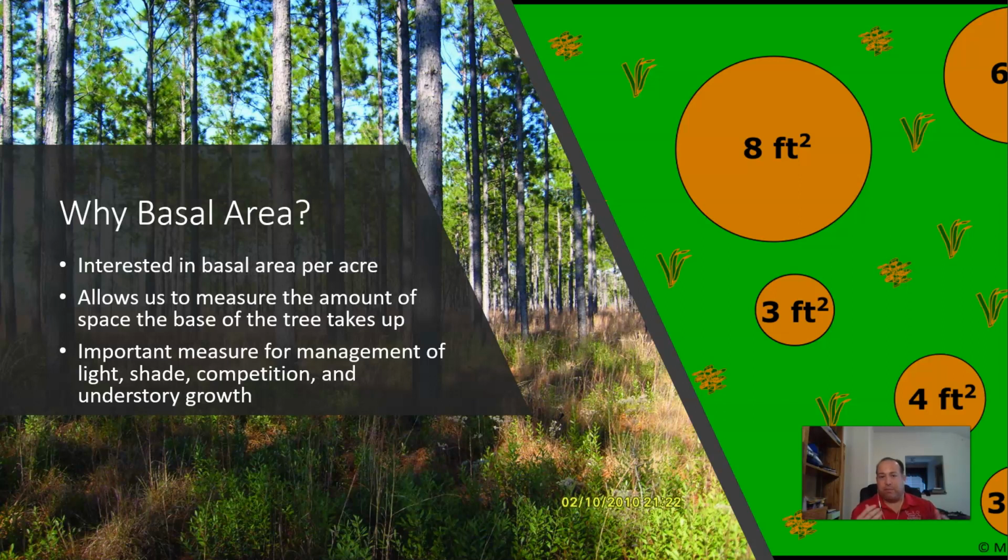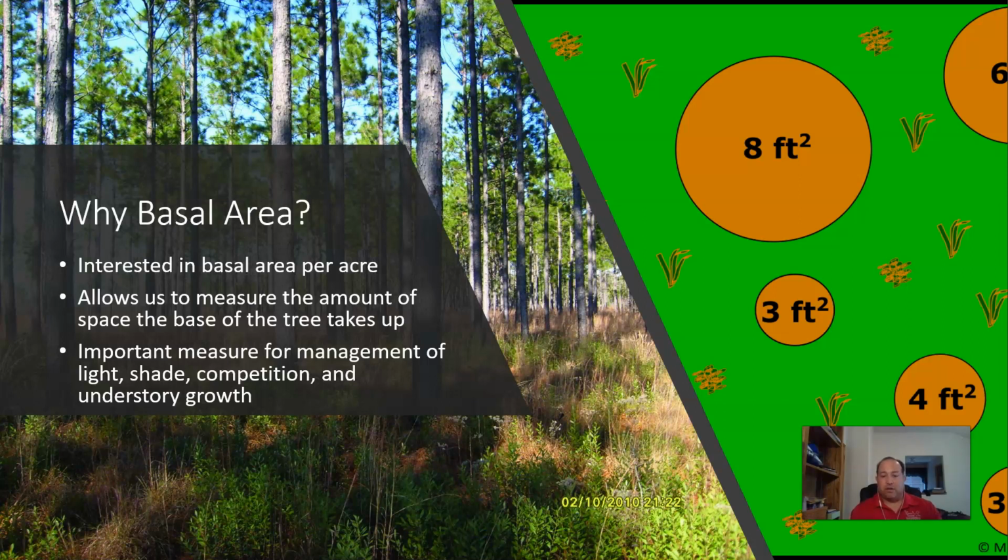and then that's really going to help us make management decisions in terms of how much light does the stand get, how much shade is going to end up on the ground, how much competition is there, how much understory growth do we want, and how can we manipulate the trees, how can we get rid of some of the trees, or what we call thinning.